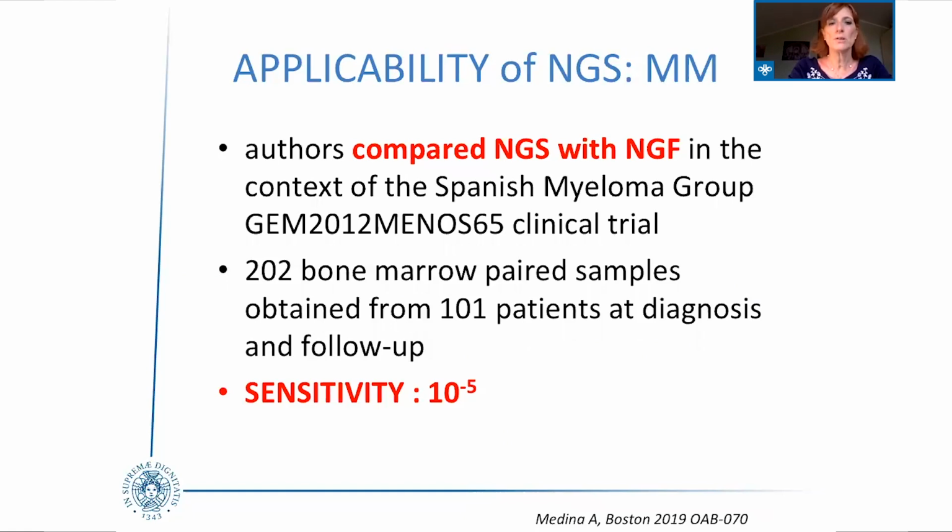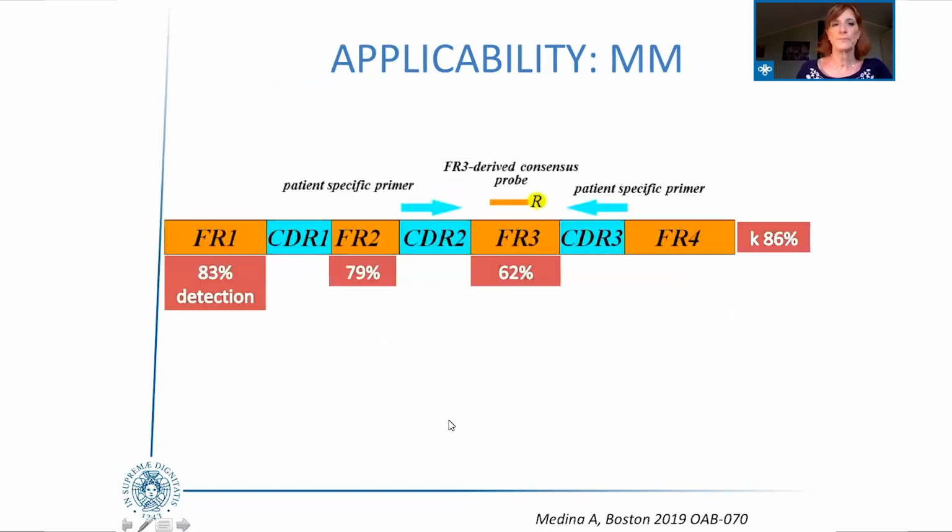At the last international meeting on multiple myeloma, this Spanish group compared NGS with NGF in more than 200 bone marrow paired samples, with a sensitivity of 10 to minus 5. They clearly demonstrated that we have to combine different frameworks. If we use EGH rearrangement, but we use only framework 1, we can apply our method in 83% of our cases.